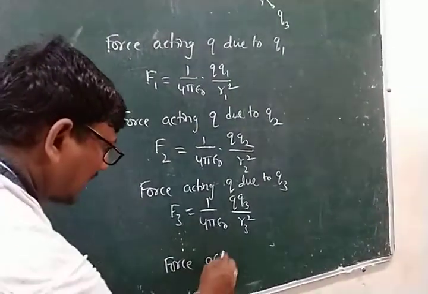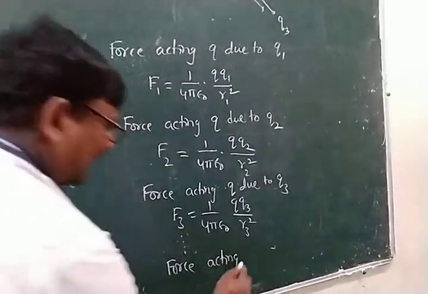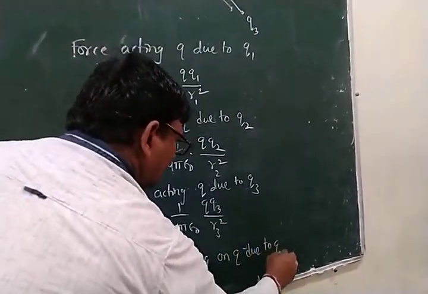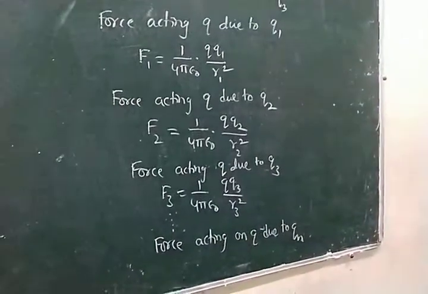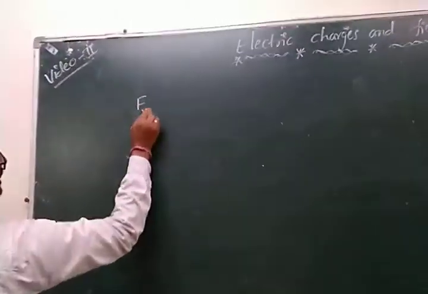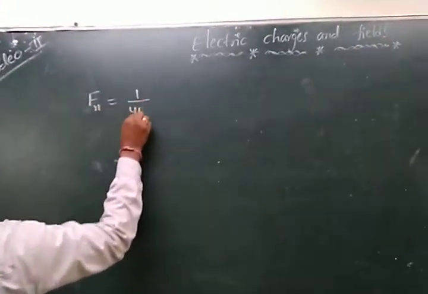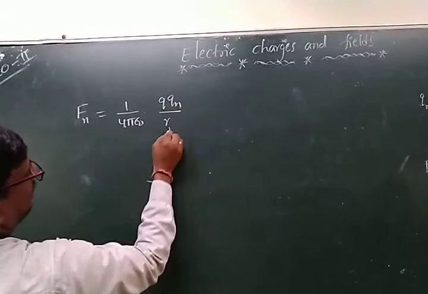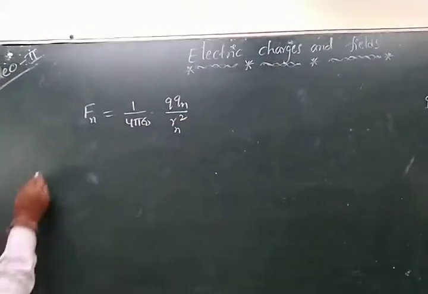The force acting on Q due to Qn is Fn, equal to 1 by 4 pi epsilon naught Qn by Rn squared.